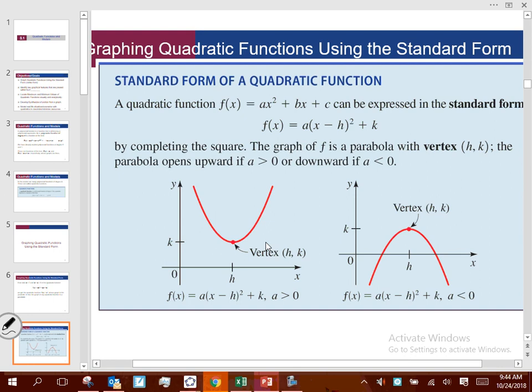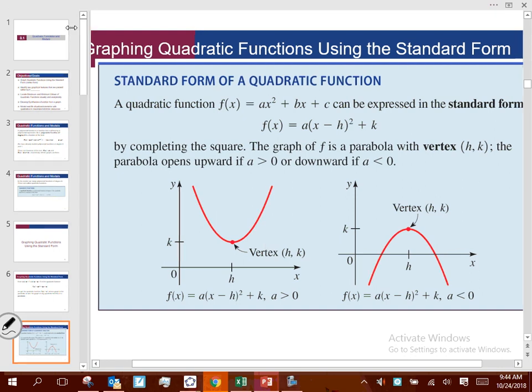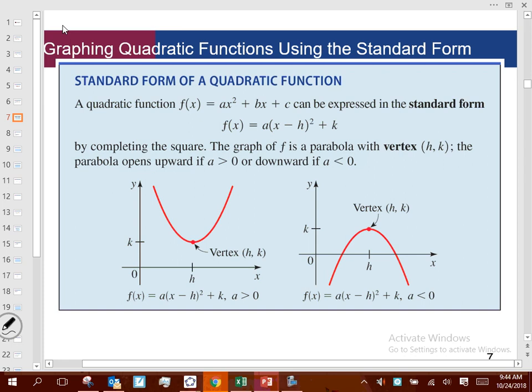Here's what I don't like. If you do a Google search for standard form of quadratic function, some results are going to be ax² + bx + c. That's standard form, which is what I agree with.